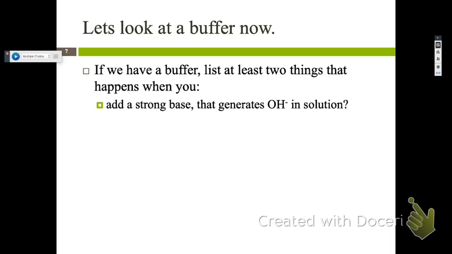Caleb? Share your thoughts and then we can go from there, because it's a starting point. With the concentration of something. Which one is going to decrease in concentration?